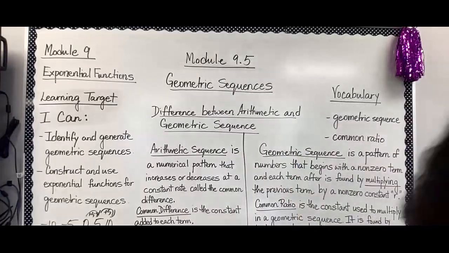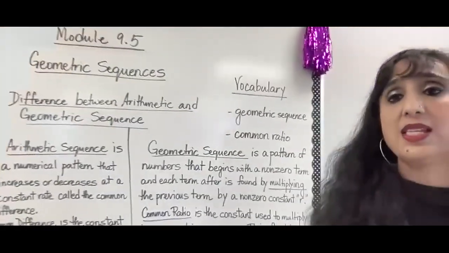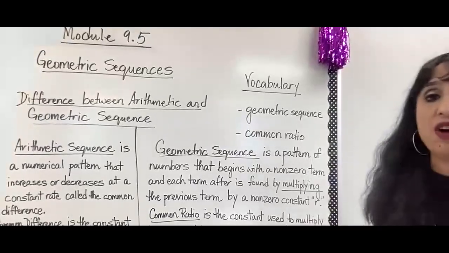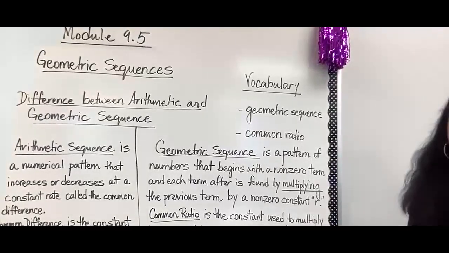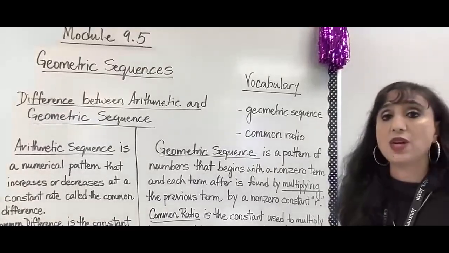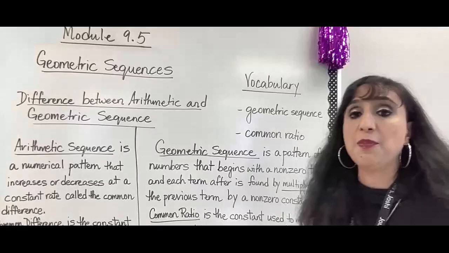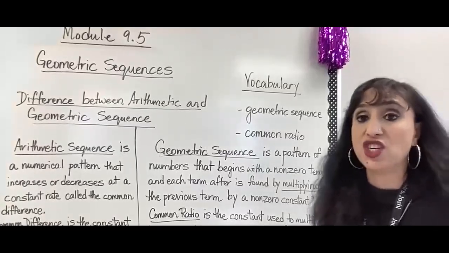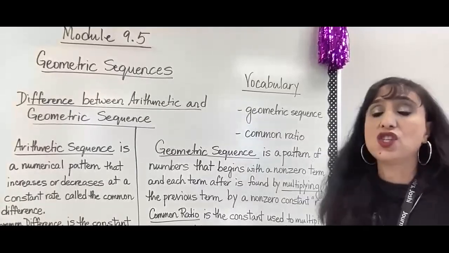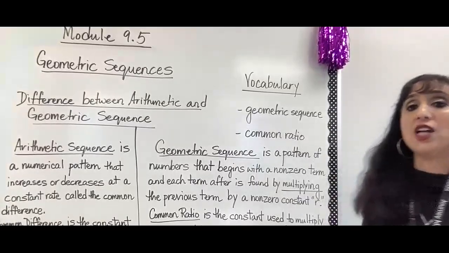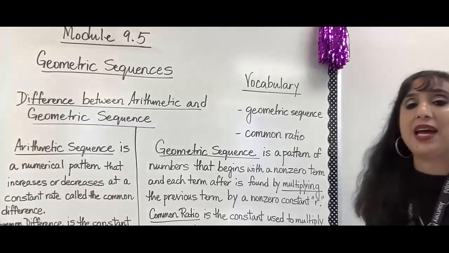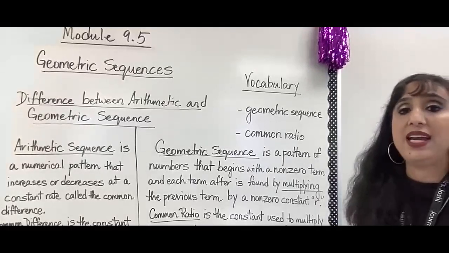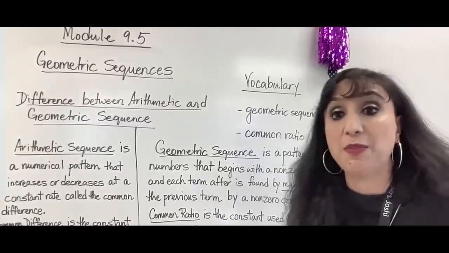A geometric sequence is a pattern of numbers that begins with a non-zero term, and each term after it is found by multiplying the previous term by a non-zero constant, which is r. The common ratio is the constant used to multiply in a geometric sequence, and it is found by dividing any term by the previous term.